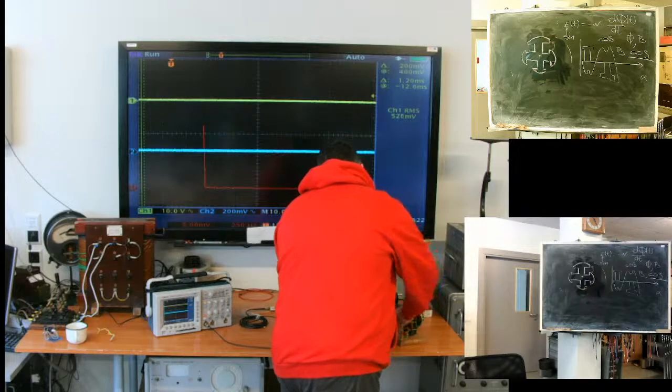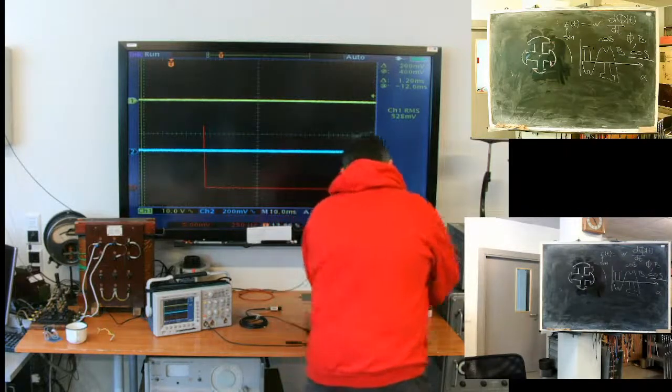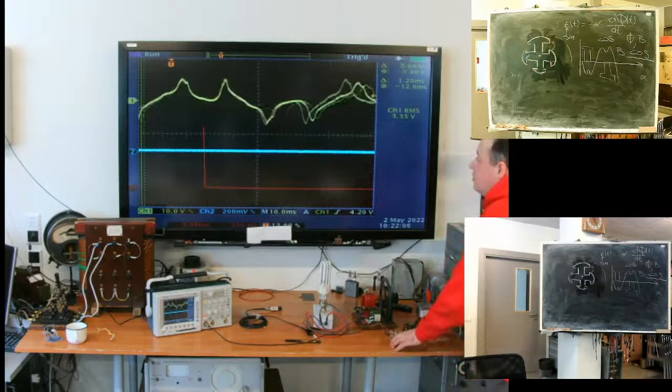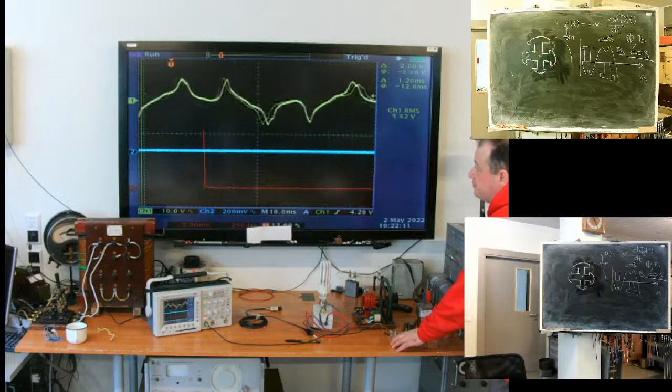Proper shaping of the pole produces voltage like this. It helps.